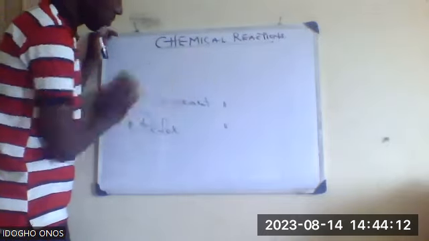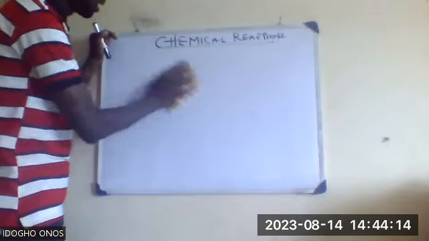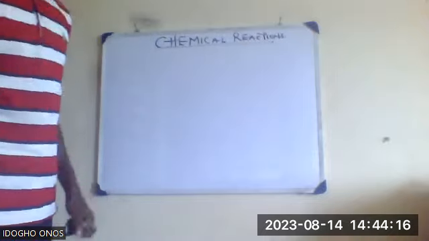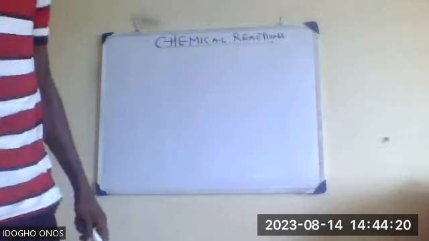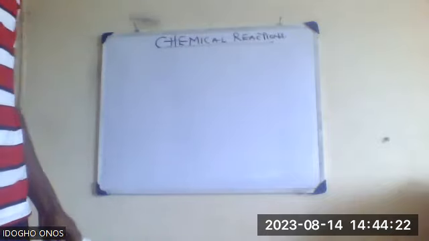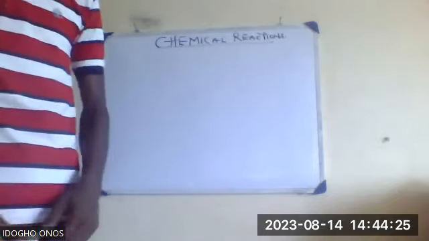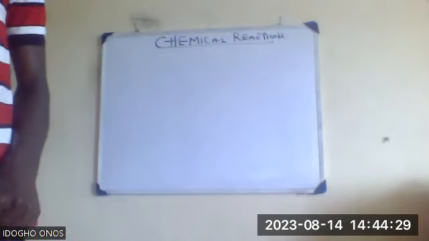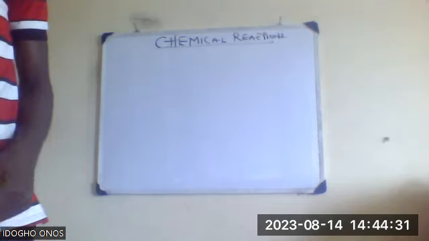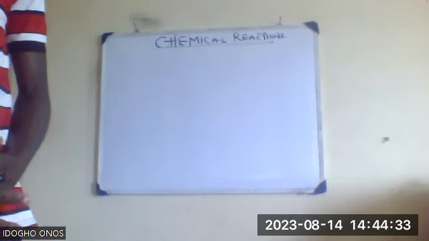So let's start from the beginning. If you are writing, you can write: by definition, a chemical equation is a shorthand method. So let them know. A chemical equation is a shorthand method of using chemical formula to present a chemical or physical change.